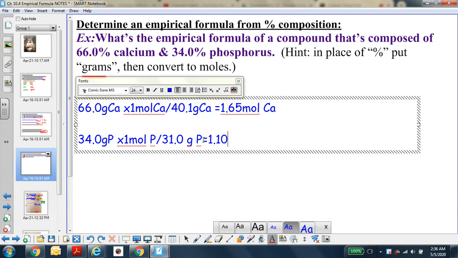Again, we want to maintain 3 significant digits. Mole phosphorus.